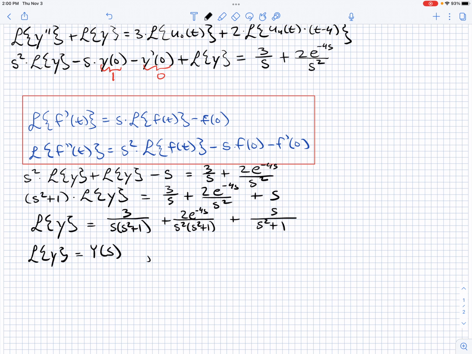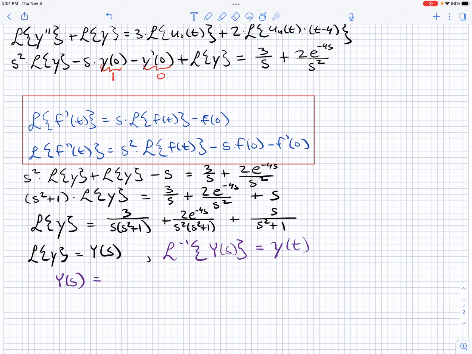And what's nice about that is if we take the inverse Laplace of that big y of s, that is just equal to the function y of t. So that's what we do. We will take the inverse Laplace of everything. So I'm going to rewrite it like this, y of s equals, and I'm actually going to split this up because we have to.